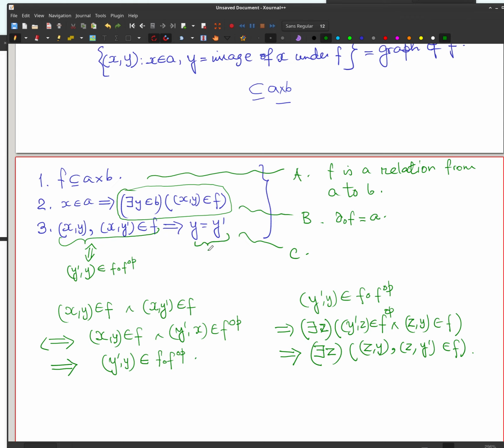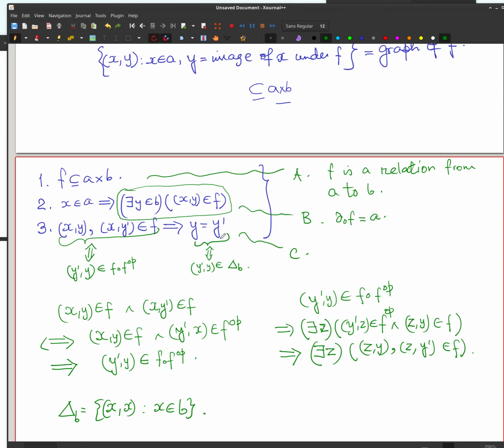This part is obviously the same as saying (y', y) is a member of delta of B, where delta of B is nothing else but the pairs (x, x).